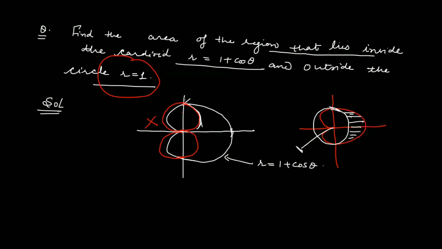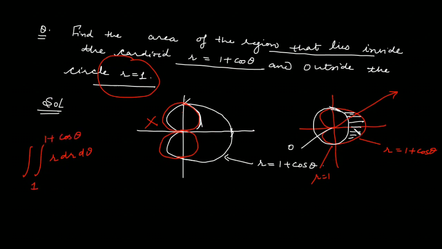So this is the pole. If we consider an initial ray in this region, it always varies from here to here. Here the value of r is 1 and here the value of r is 1 plus cos theta. So the area will be r dr d theta, and the limits for r go from 1 to 1 plus cos theta.